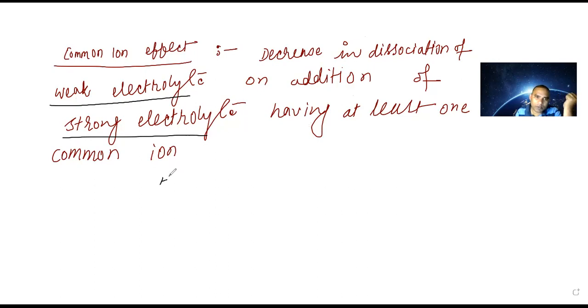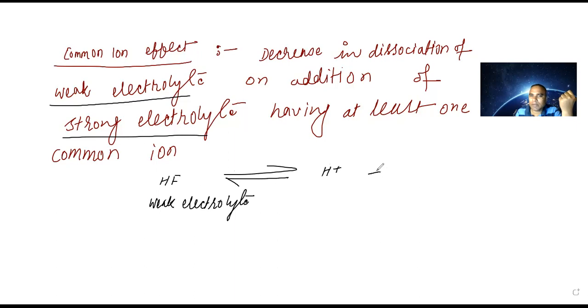Now suppose, from your book only I have taken an example, HF. HF is a weak electrolyte, and a weak electrolyte, you know very well, does not ionize 100%. It ionizes partially, which means a reversible process, giving H plus and F minus, right?